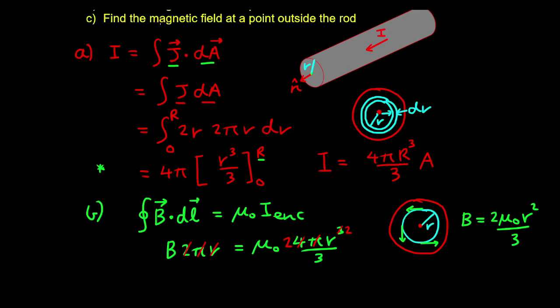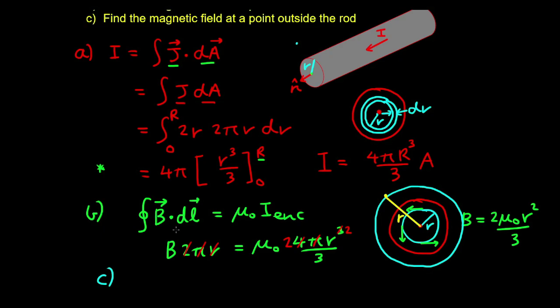Now in part C, we'll find a magnetic field at some point outside the rod. So in that case, we take our Amperian loop as a circular loop at some distance r from the center of the rod to a point outside the rod.